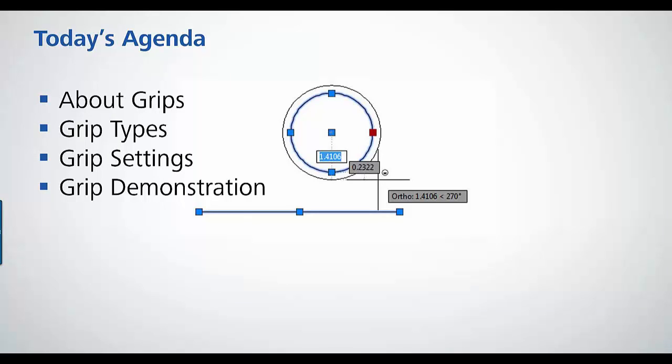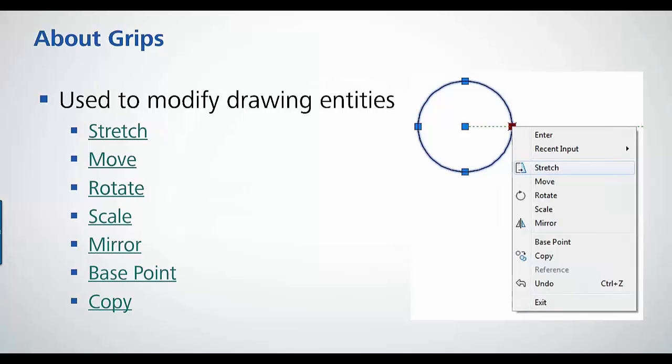So grips, what are they? Well, grips are a way to select an object, and when you do, these little squares appear. They are blue by default, and what they do is allow you to modify an object or objects without having to go into any of the classic AutoCAD commands from the ribbon or from the command line.